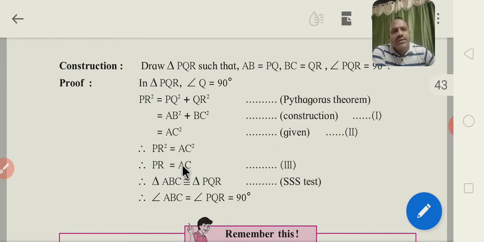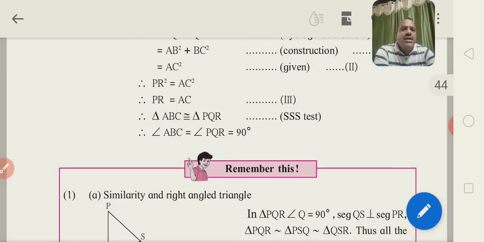In this way, the first triangle is similar to the second triangle, and hence triangle ABC is similar to triangle PQR, by the side test. Then angle ABC is equal to angle PQR is equal to 90 degrees. In this way, this theorem is completed.